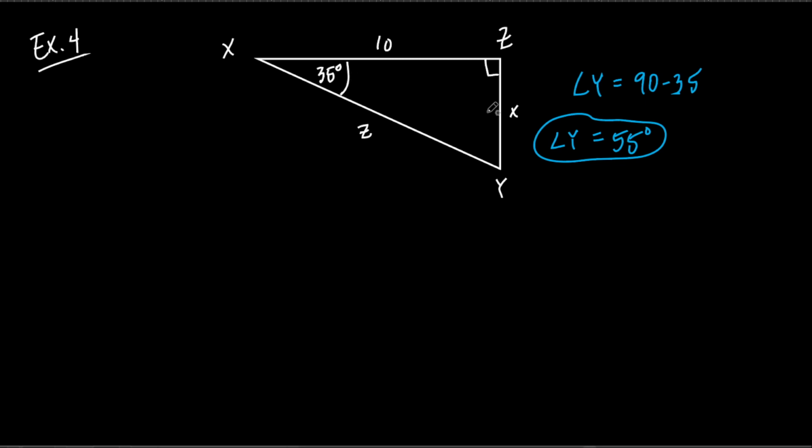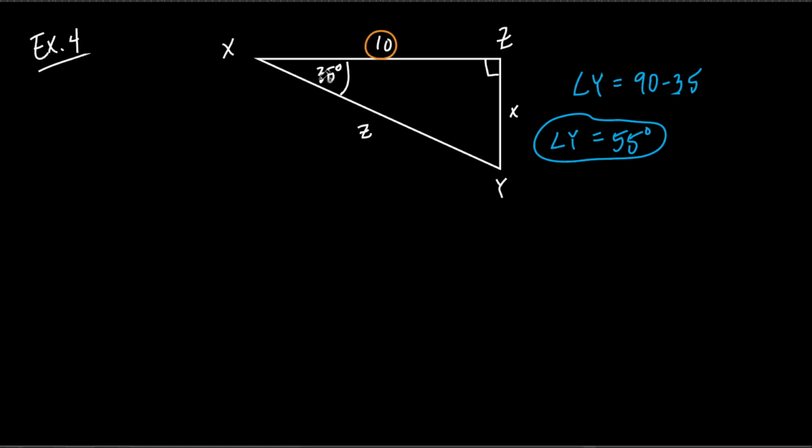Let's find one of the sides. Doesn't matter which one. We could do x or we could do z. Let's do x, since that comes first in our alphabet. What do we know, first of all? We know this side, this 10. To this 35 degrees, is it opposite, adjacent, or hypotenuse?